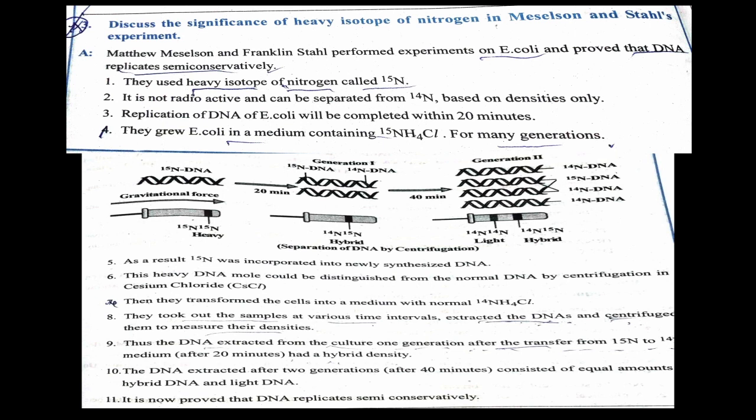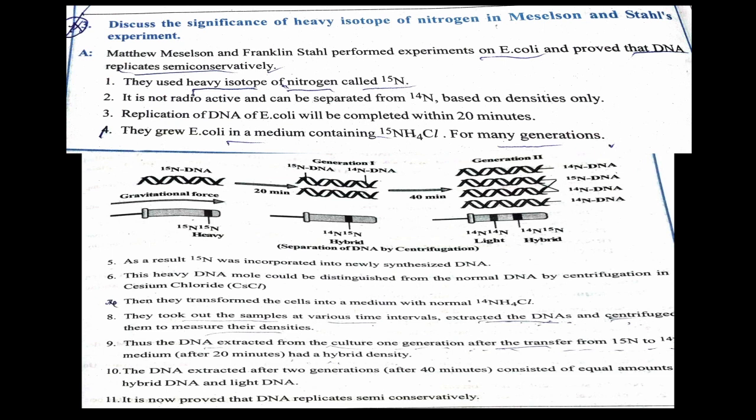This is a diagrammatic representation of the separation of DNA by centrifugation. This heavy DNA could be distinguished from the normal DNA by centrifugation in cesium chloride. They took out samples at various time intervals, extracted the DNA and centrifuged it to measure the densities.